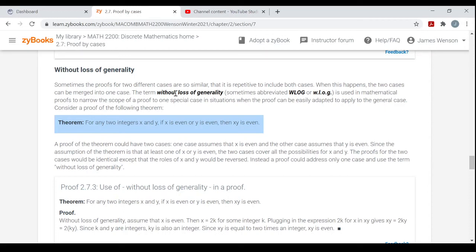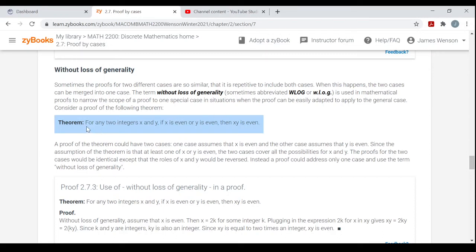The term without loss of generality, sometimes abbreviated WLOG, or with periods between them, is used in mathematical proofs to narrow the scope of a proof to one special case in situations when the proof can be easily adapted to apply to the general case. Meaning, if you did a proof of one case and a proof of another case is basically the same but with just some variable switched, you don't need to do that.